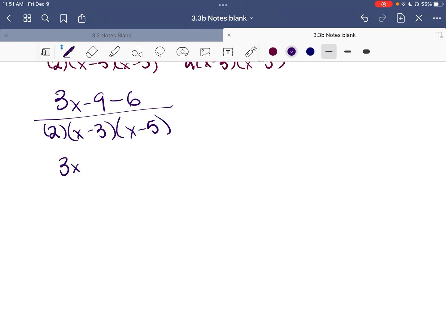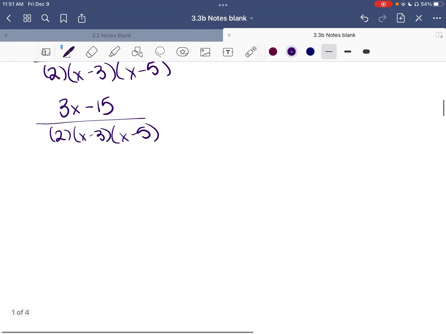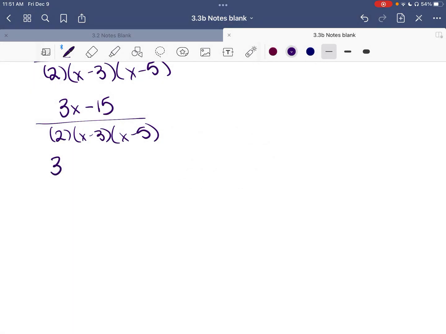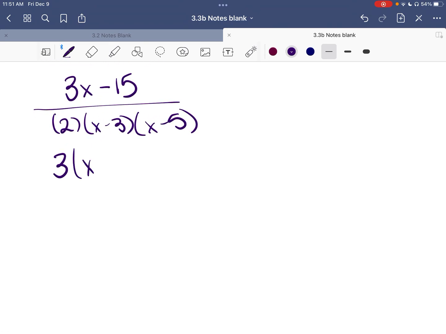So 3x minus 15 all over 2, x minus 3, x minus 5. Taking out a common factor of 3, we're left with x minus 5 all over 2, x minus 3, x minus 5.